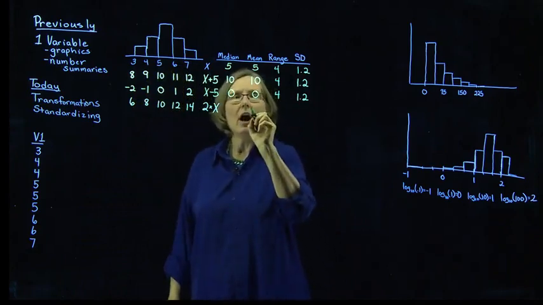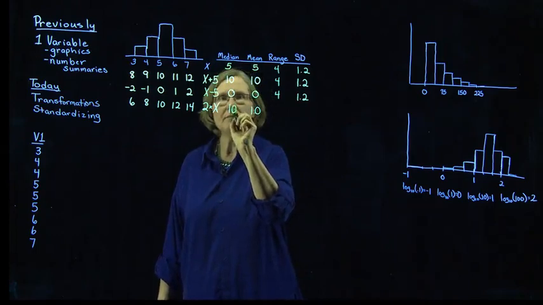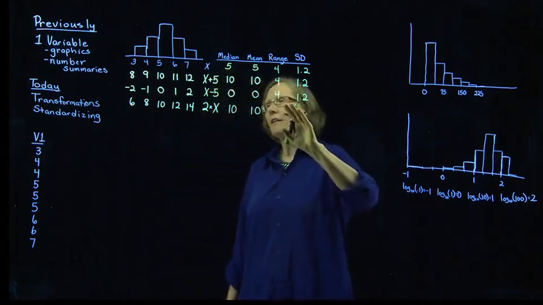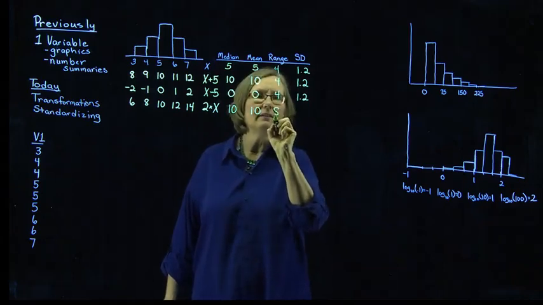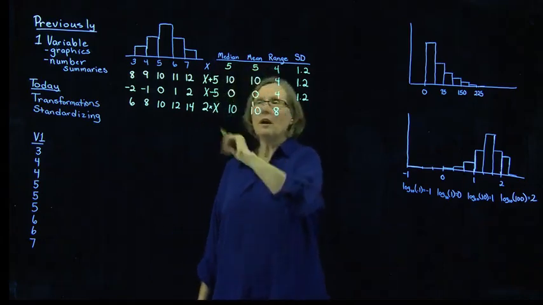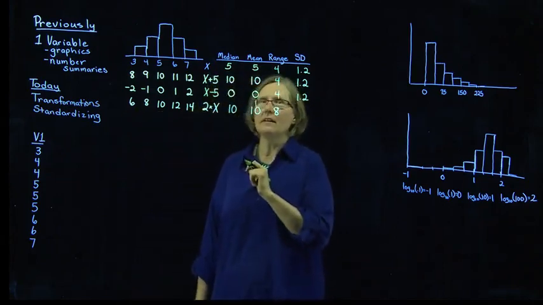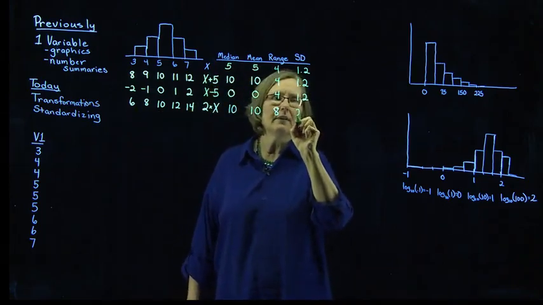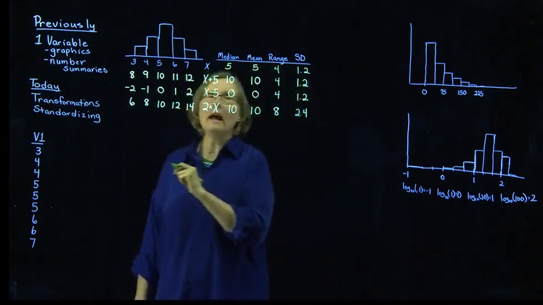It's now also doubled, as has the median. Okay. Let's look at the range. 14 minus 6, our range is now 8. So now multiplying by a constant has increased the range by that same constant. And the same thing happens to the standard deviation. The average distance to the mean has now doubled.